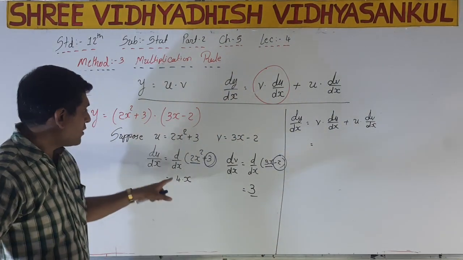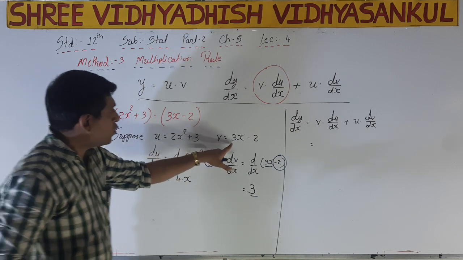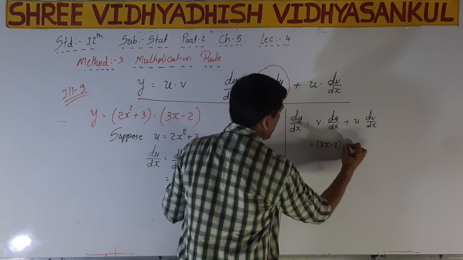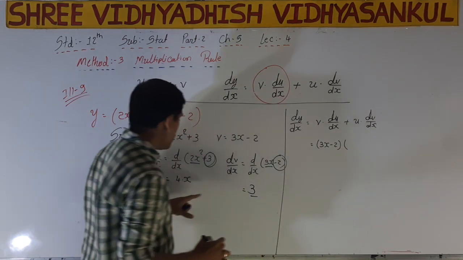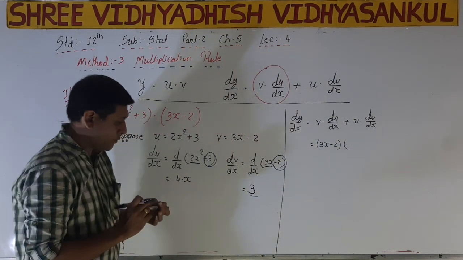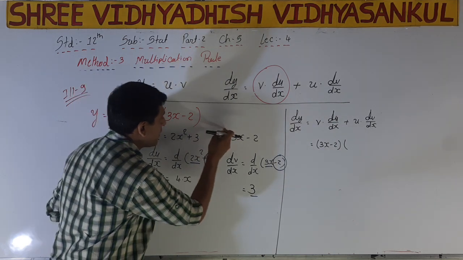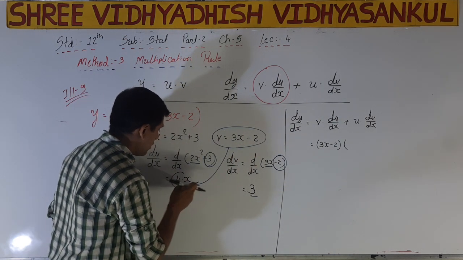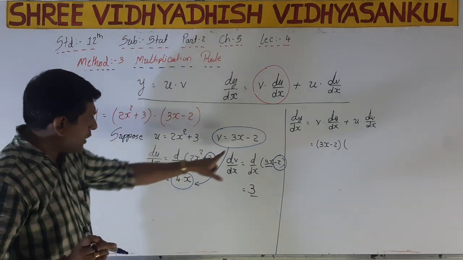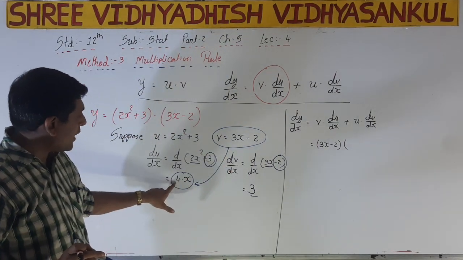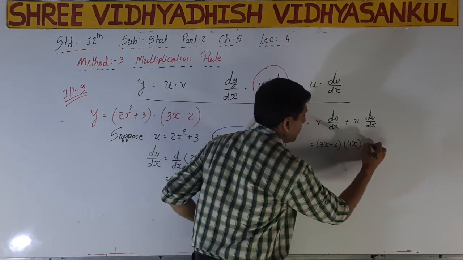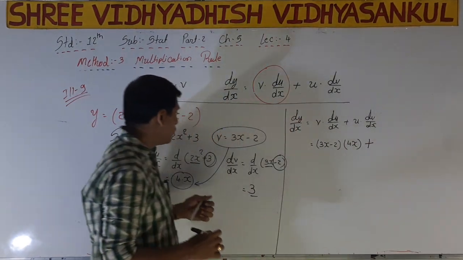Here v is equal to 3x minus 2 into du by dx, that is 4x, plus now u.